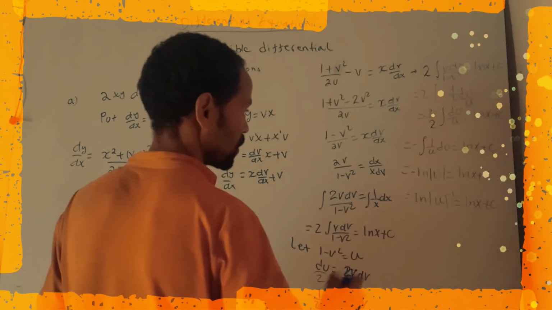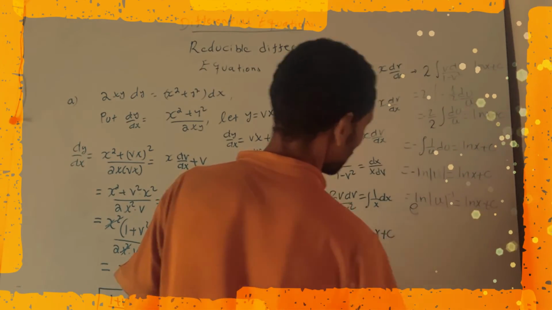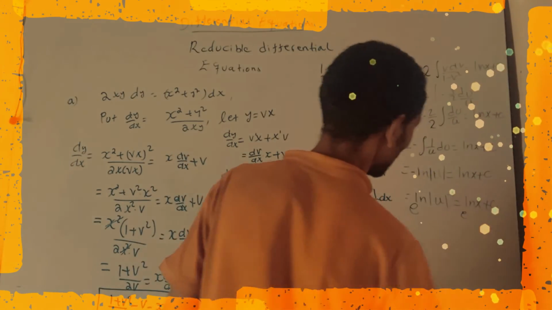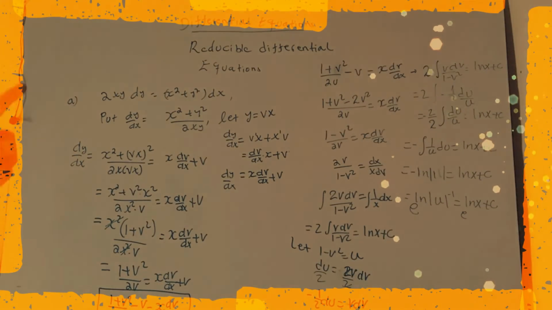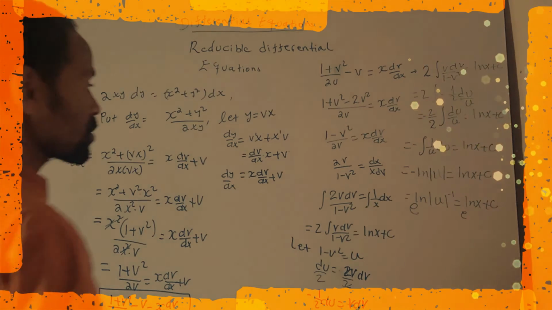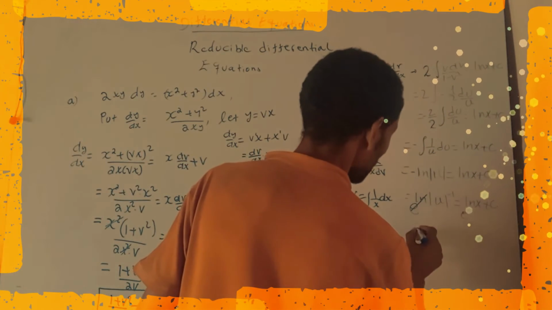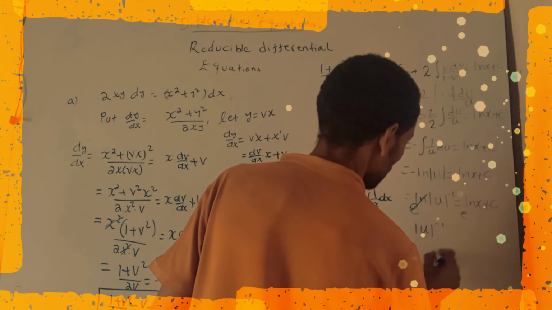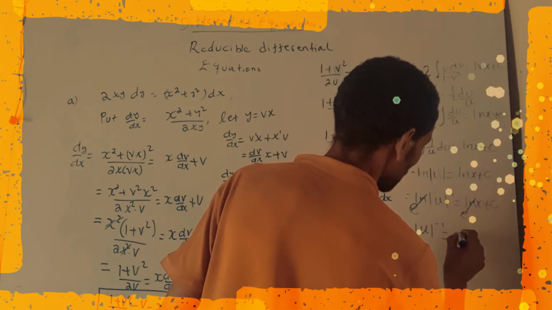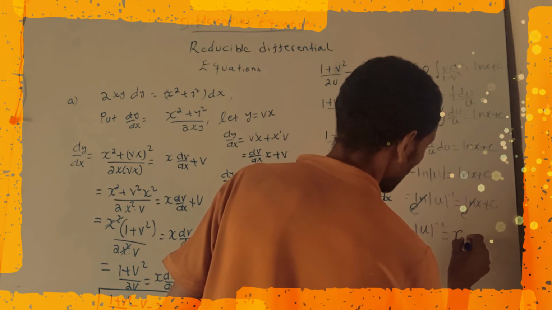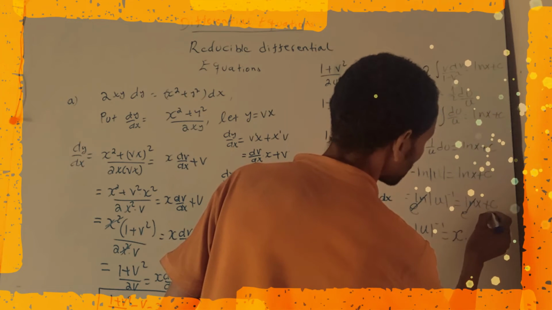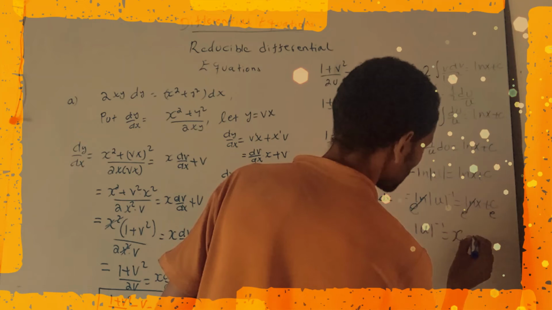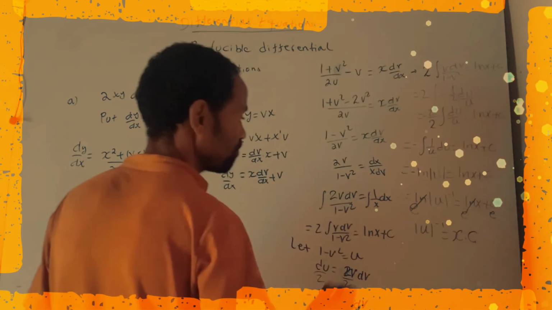I can multiply by the natural logarithm, that is e, on both sides, so absolute u is equal to x times some constant. This is e to the power of some constant c.